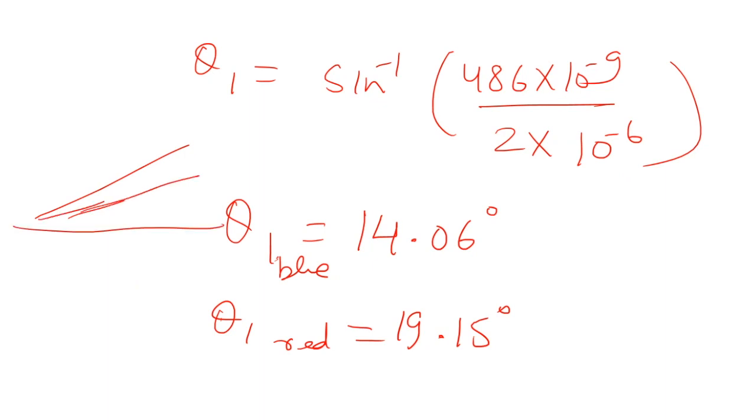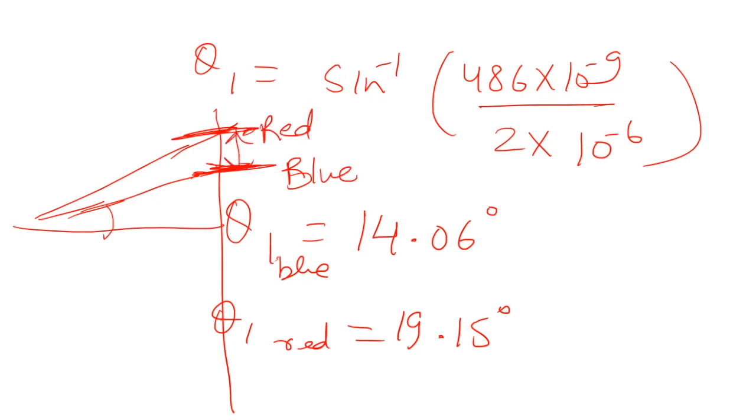this is the screen and our first maximum of the blue fringe will be here and the red one will be here. So this is basically blue and this is red, first order maximum. Now we have to calculate this distance. How can you calculate it?